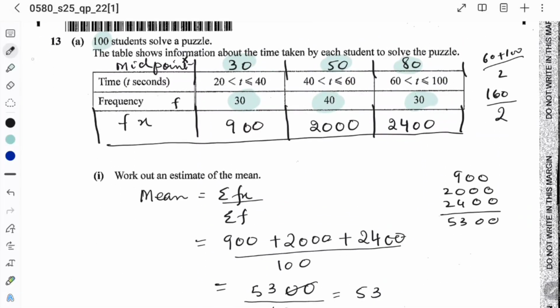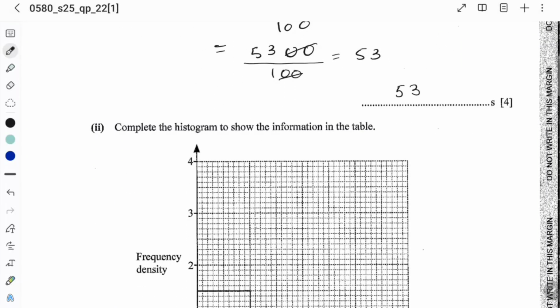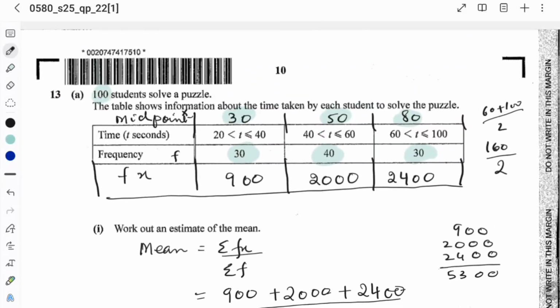So frequency density is equal to frequency over class width. For the first one, the frequency is 30 and the class width is 20 here, because 20 to 40 is 20.